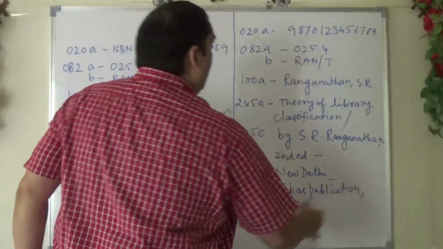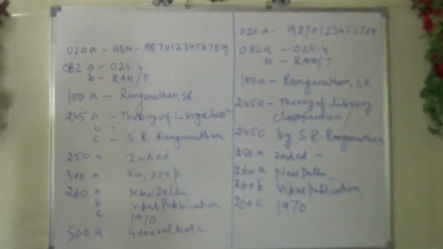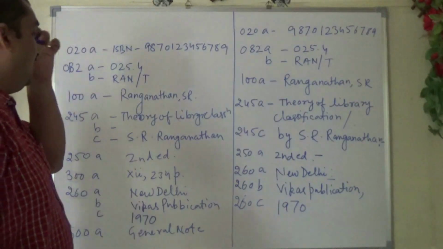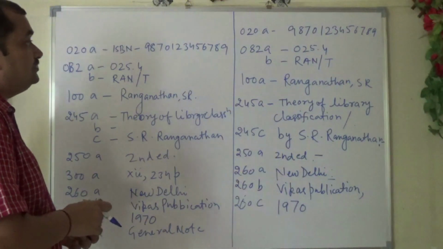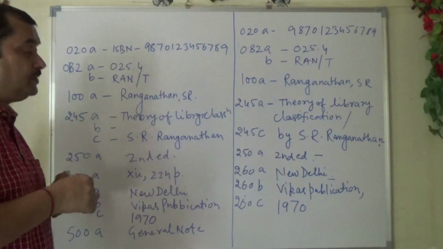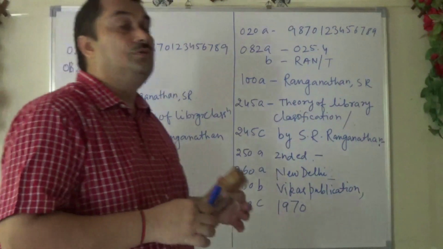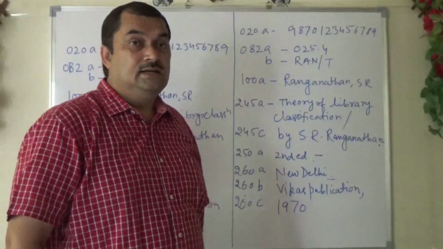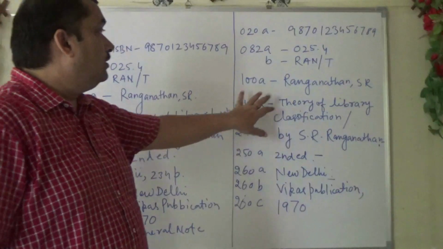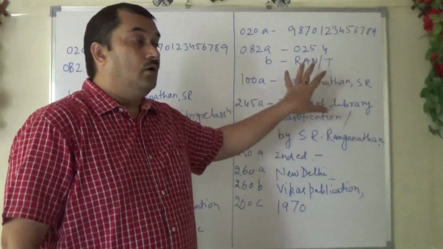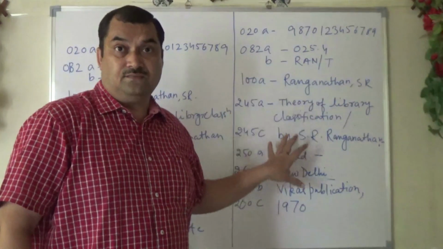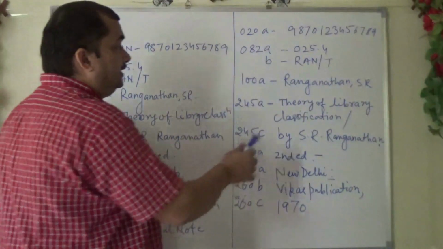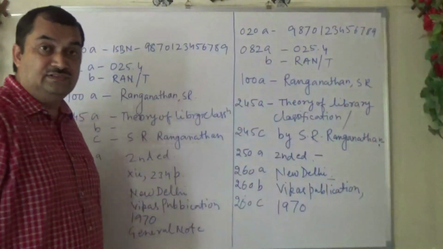So likewise we have to remember that as per the AACR2 ISBD rule, when we used to prepare catalog, we used to give proper punctuation in the card. The same method we have to follow in case of MARC or adding the record in the MARC format. So we keep adding the punctuation wherever it is necessary.